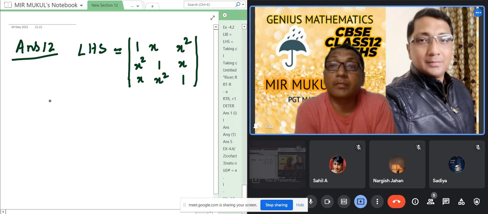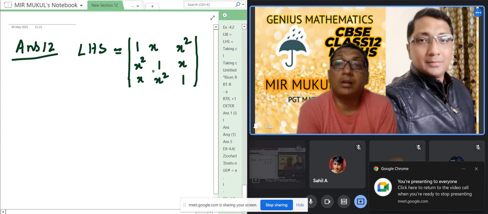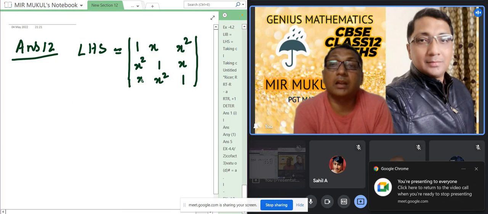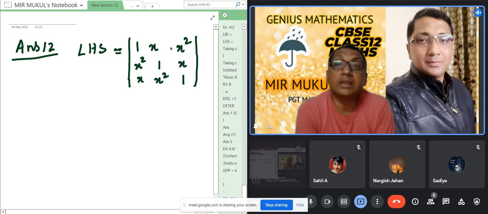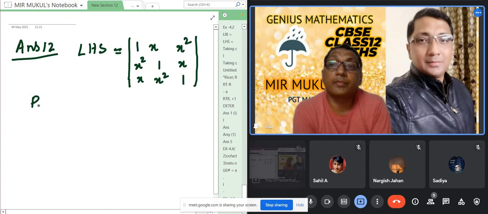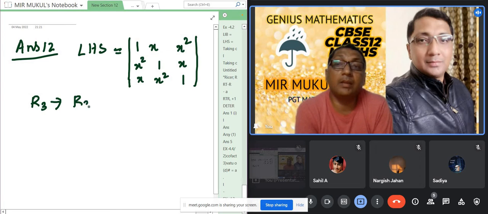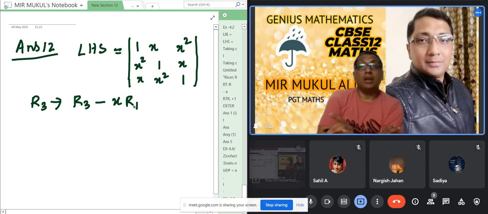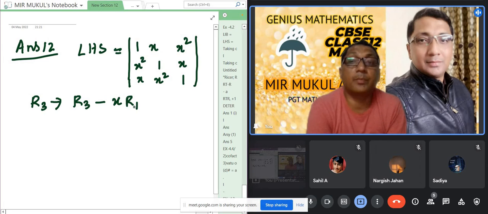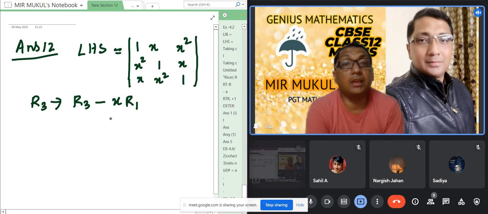Here I'm using R3 goes to R3 minus x into R1. Can you use this operation or not? In place of a number, any variable also you can consider.